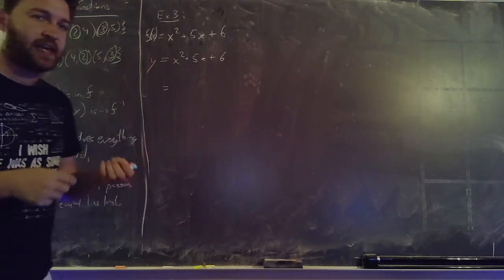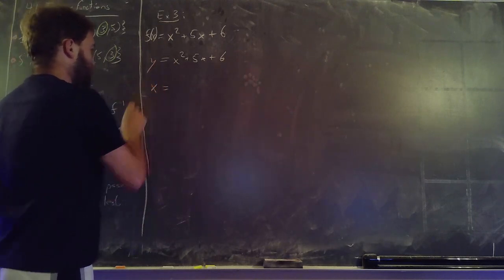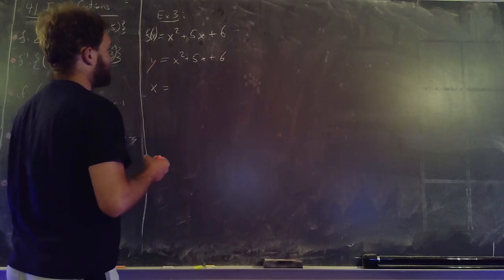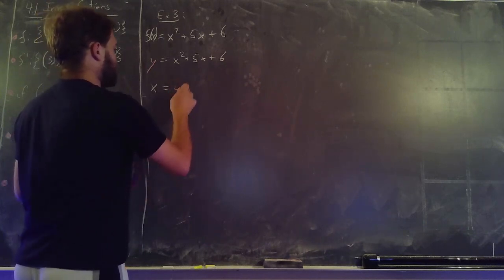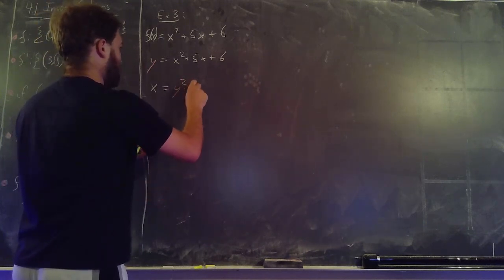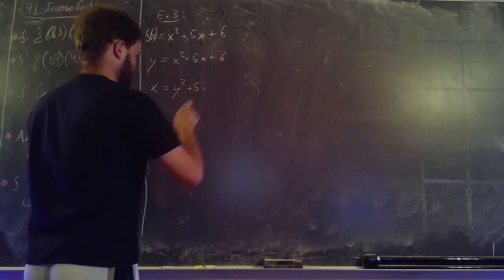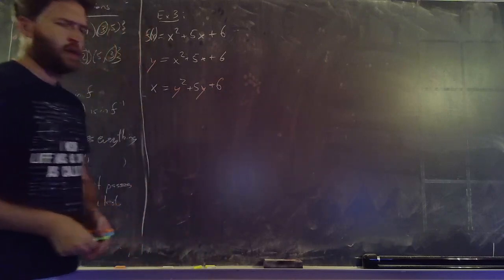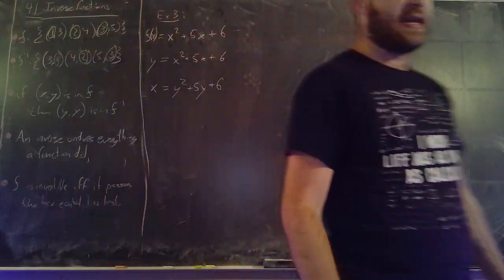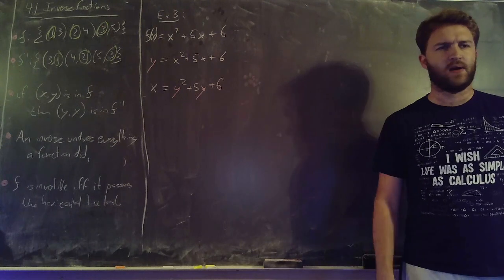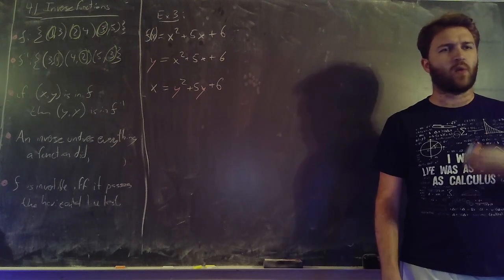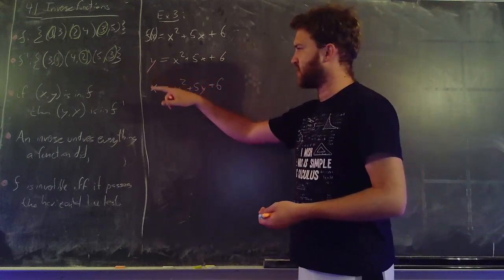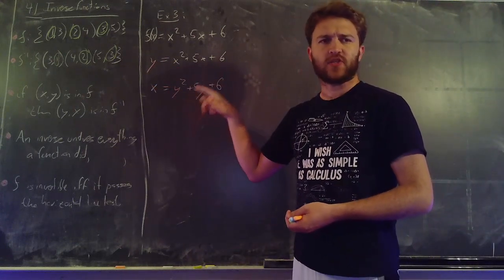What I mean by that is everywhere that I see a y, I'm going to write down x, and everywhere that I see an x, I'm going to write down y. And then we have to come up with a way to get y by itself. So we just swap where the x and the y's are, and I'm going to work through it and try to get the y by itself.